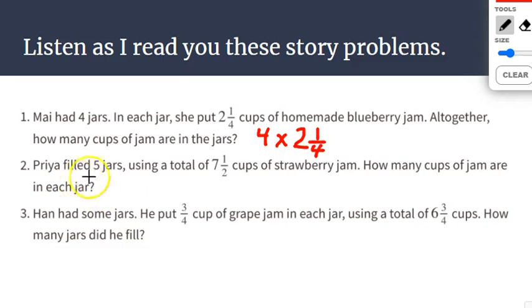What about this one? Priya filled 5 jars using a total of 7 1/2 cups of strawberry jam. How many cups of jam are in each jar? Is this still 5 times 7 1/2? No, it's not, is it? We have our total of 7 1/2 cups, and now we have to break that up into 5 jars.